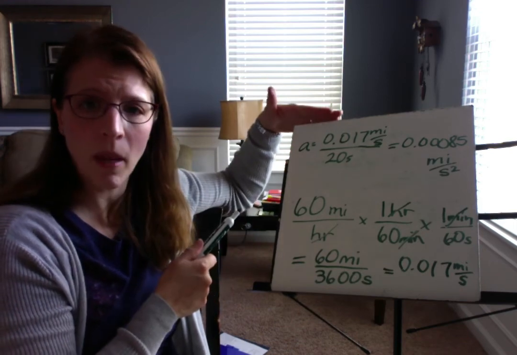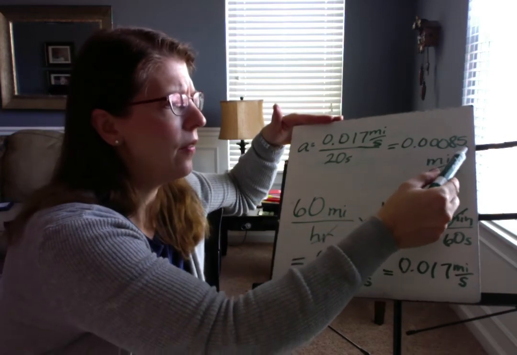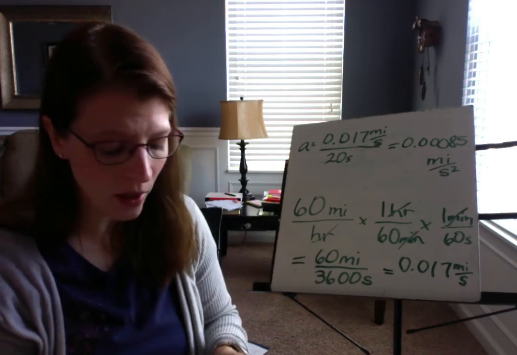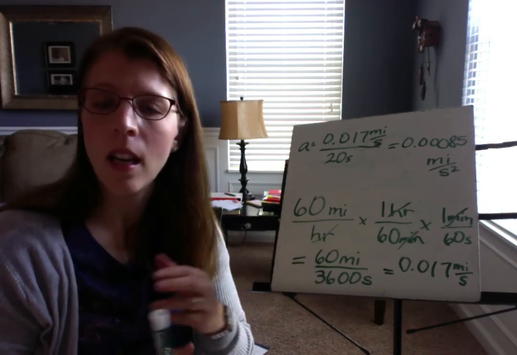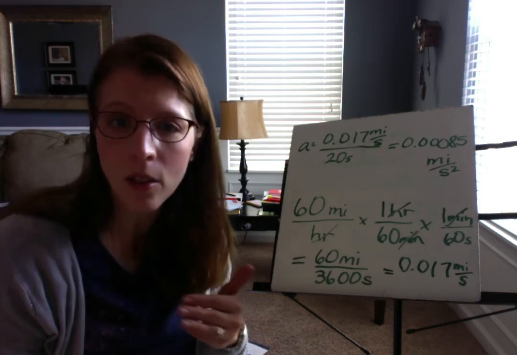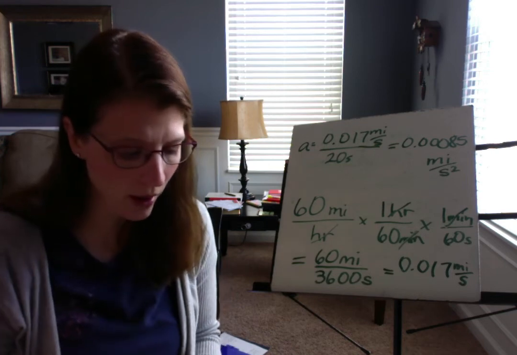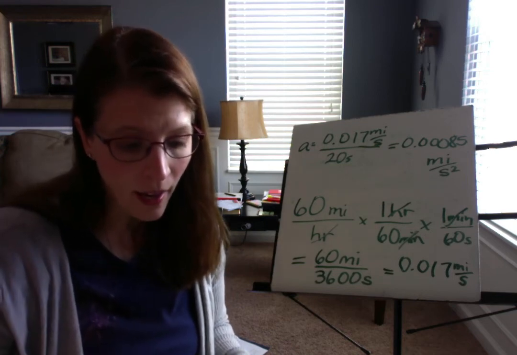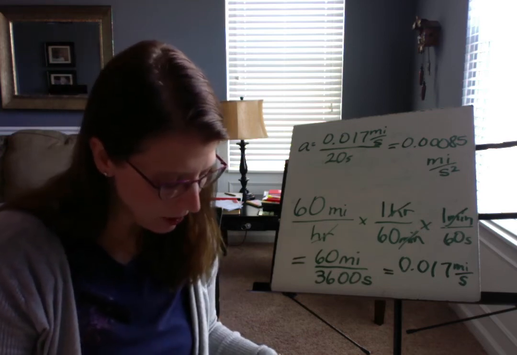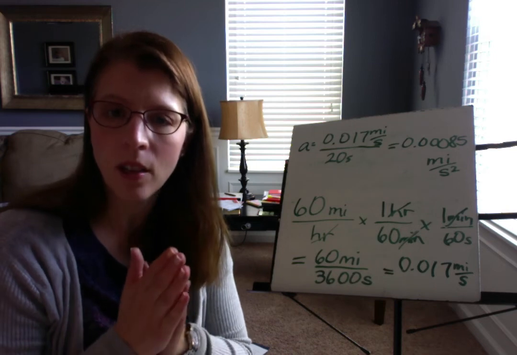So the acceleration of my car entering the expressway is 0.00085 miles per second squared. Now we use miles since we started off in miles per hour. In a lot of physics, we use meters per second or meters per second squared, since that is the SI unit for distance.